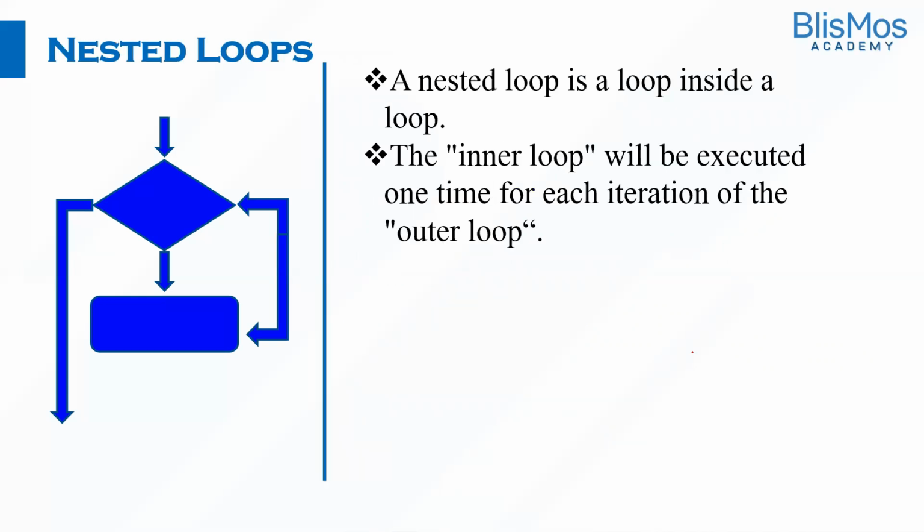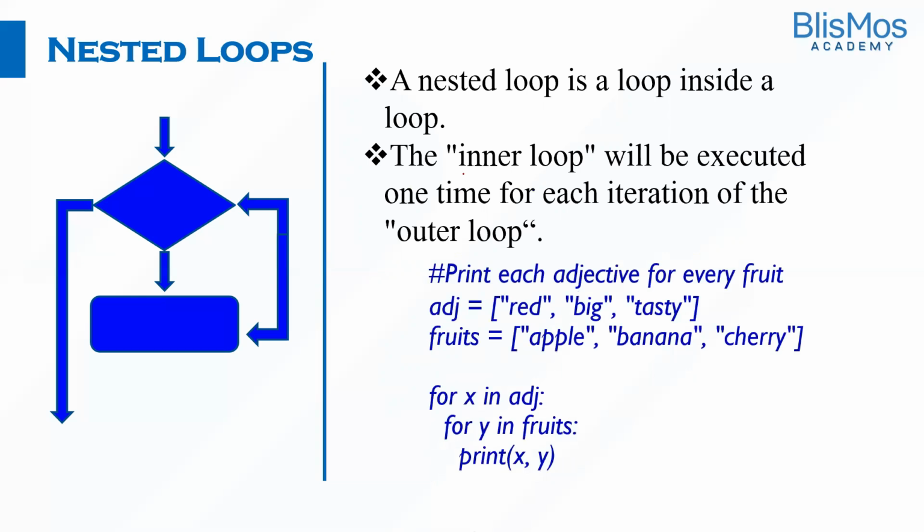Sometimes in real life situations, you may want to iterate through different lists. The condition would be that there is a loop at a high level. For example, here we have adjectives as red, big, tasty, and we have fruits as one of the lists.